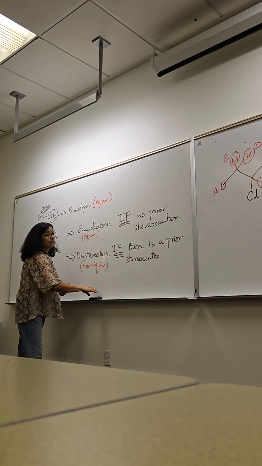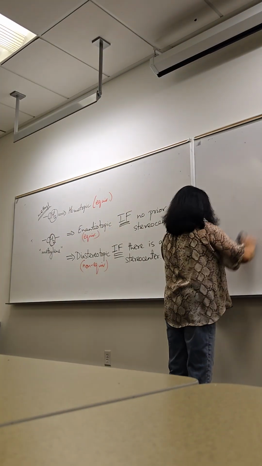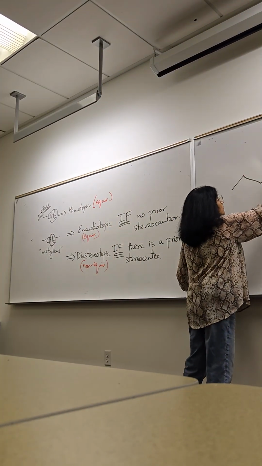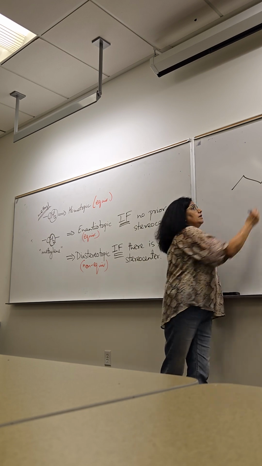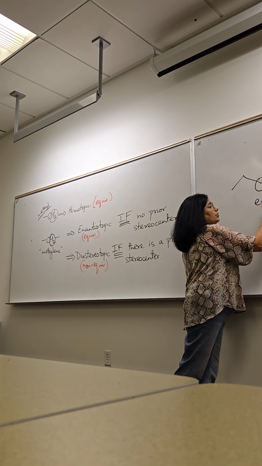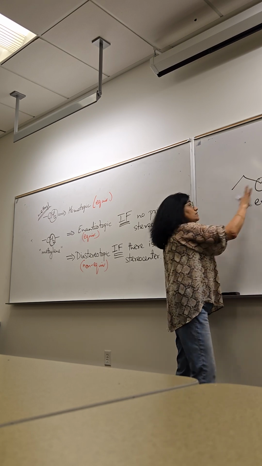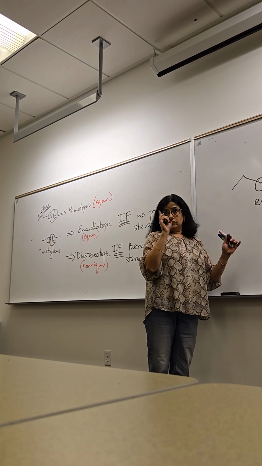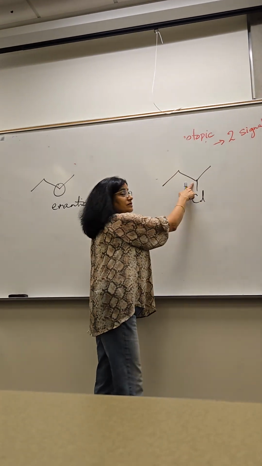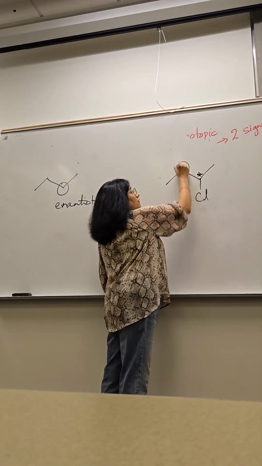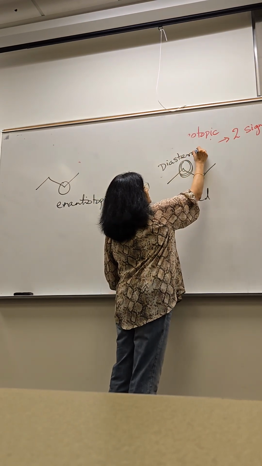What do you mean by no prior stereocenter? The two examples that we saw, there is no stereocenter in this molecule. That is why these are enantiotopic, because there is no stereocenter already. We good? But in the other example we saw, notice there is a stereocenter, so therefore these are diastereotopic.